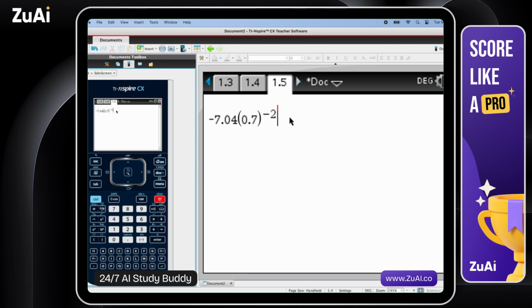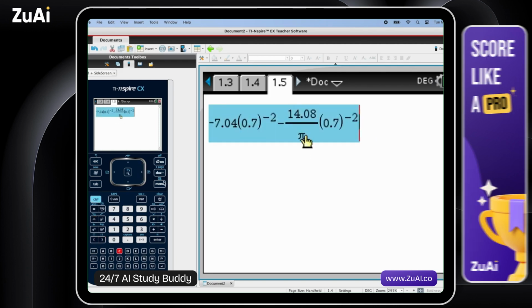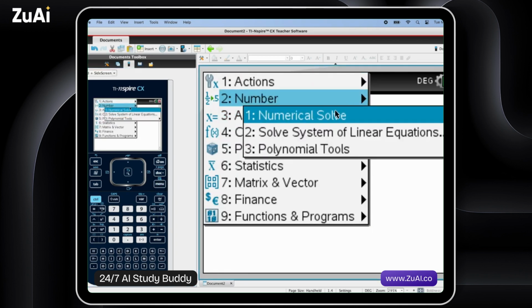It doesn't matter in this case. Minus 14.08, set a fraction, 14.08 over pi. And then again, this is 0.7 raised to the power of negative 2, plus, I just realized I forgot to numerically solve this. There we are.